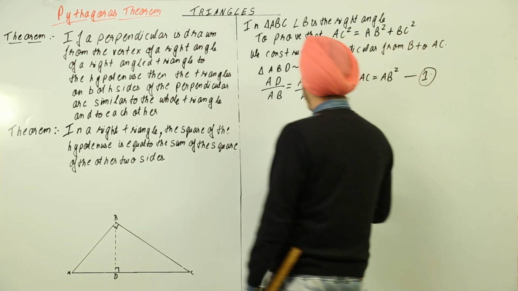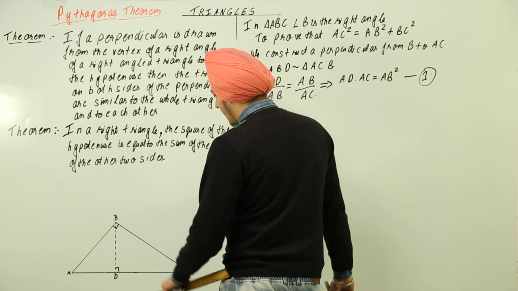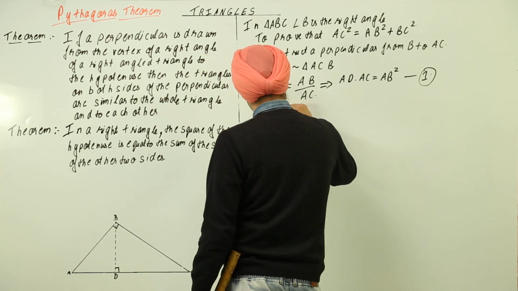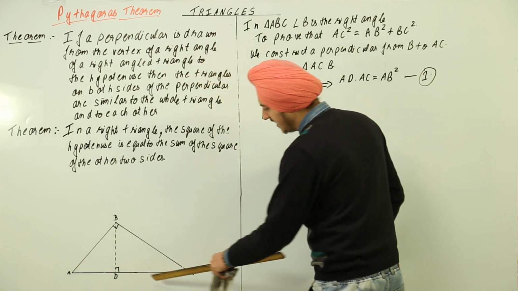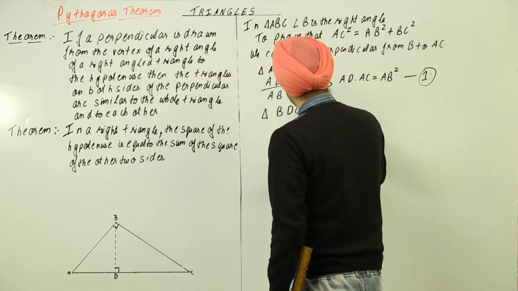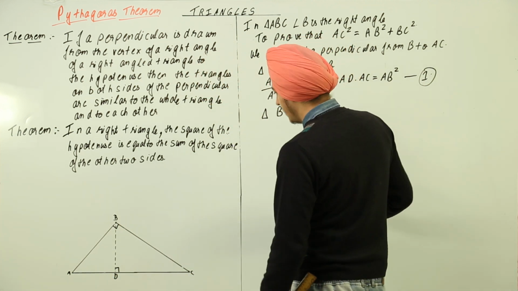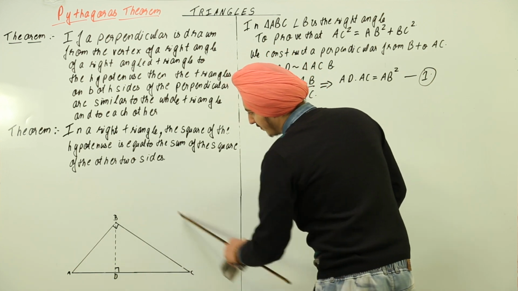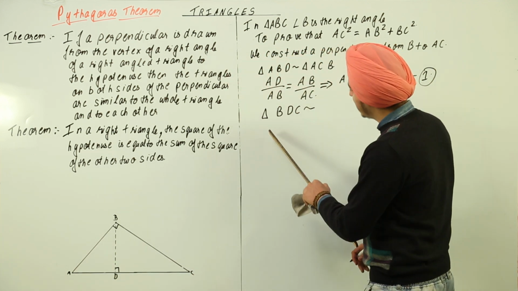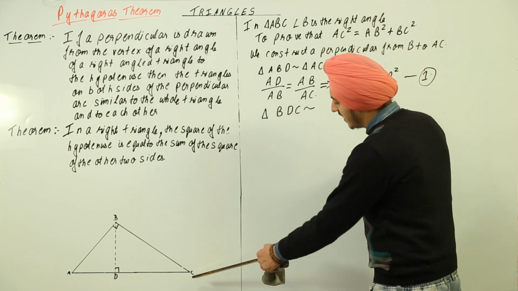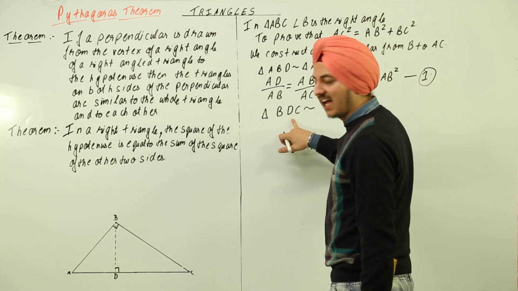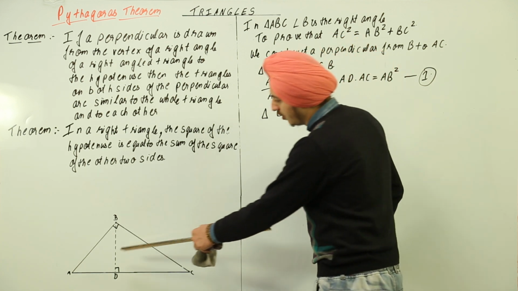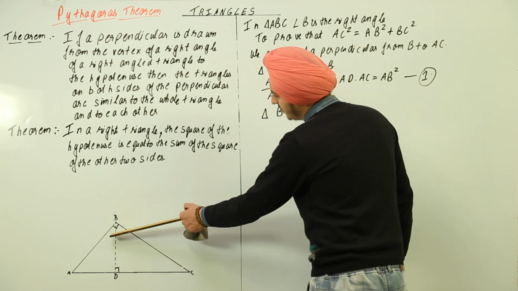Okay. Now we also know that triangle BDC is similar to triangle ABC, we have to write, correct? Now let's see what sequence should be written in. Angle C is common, so C should come last. Angle D is 90 degrees, correct? So which is 90 degrees in this? B, correct?